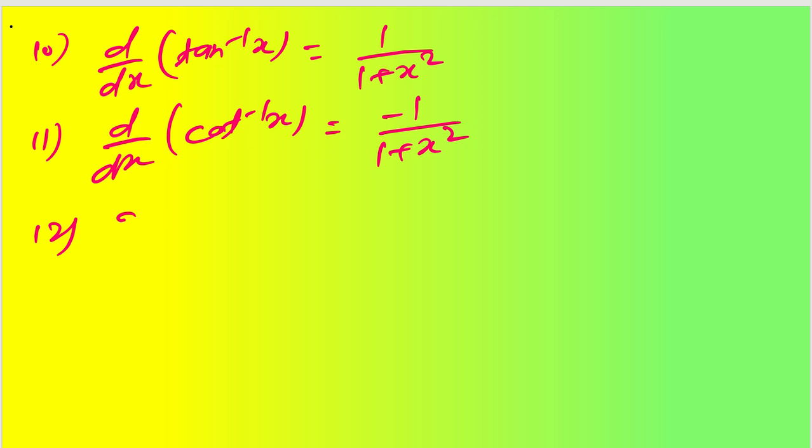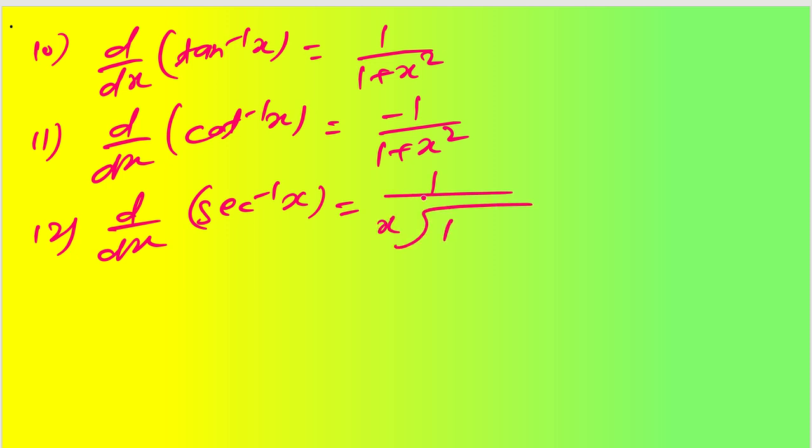12th one will be differentiation of sec inverse x. Sec inverse x. That will become 1 by x root under x square minus 1.